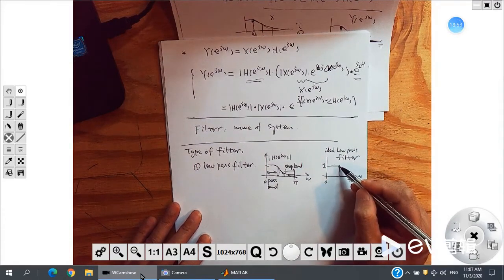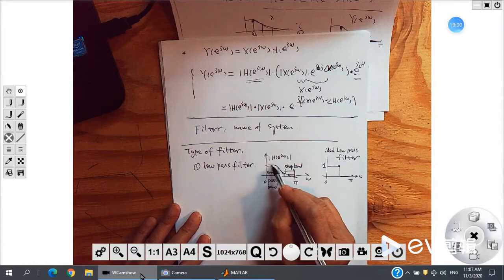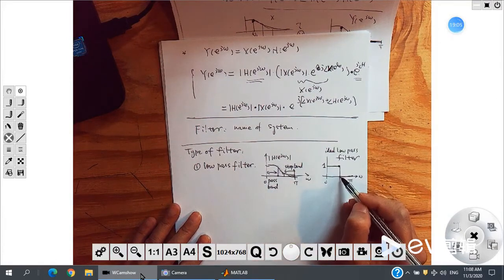When you want to build a system, you cannot really have this kind of thing. You can only have something smooth, a curve, rather than 1 jumping to 0 and then 1 again.